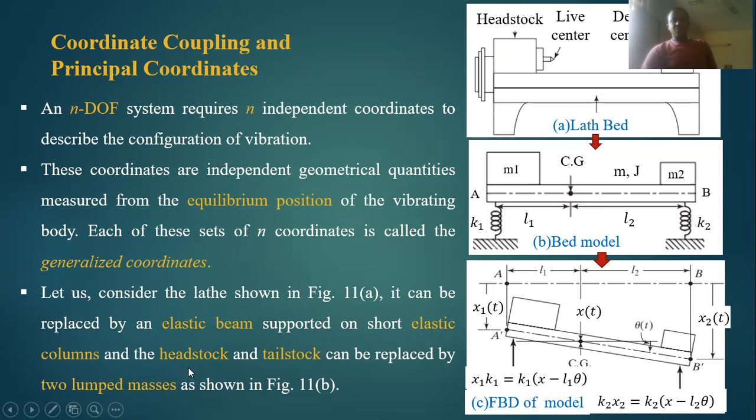The headstock and tailstock can be represented by two lumped masses, M1 and M2. This is a simple representation. Figure A is a simplified schematic diagram, B represents the vibration model of the whole system, and C is the free body diagram of the system.